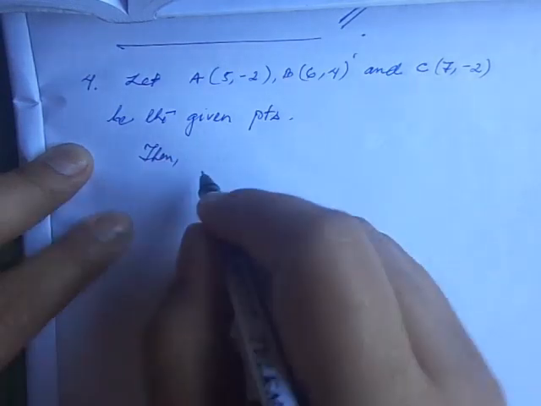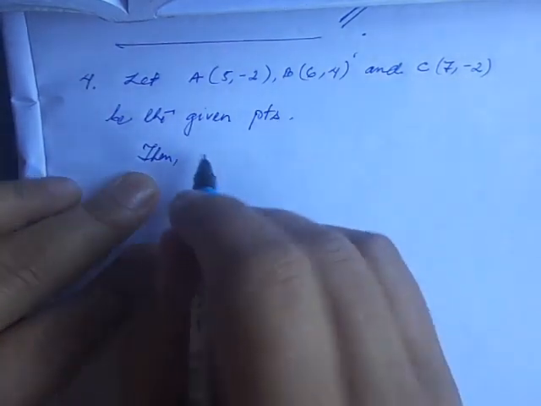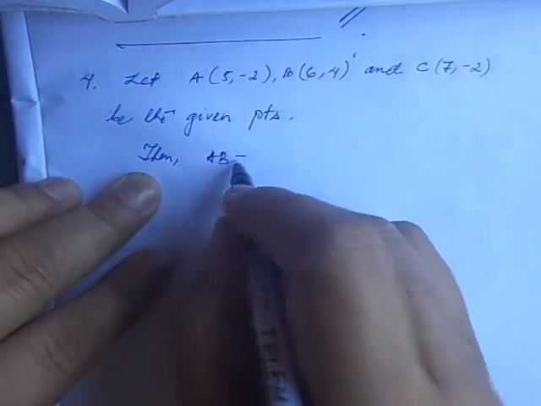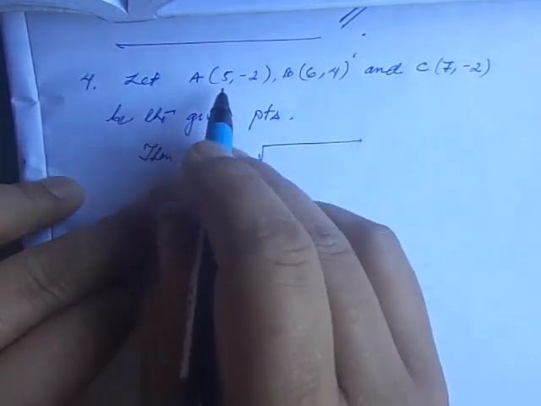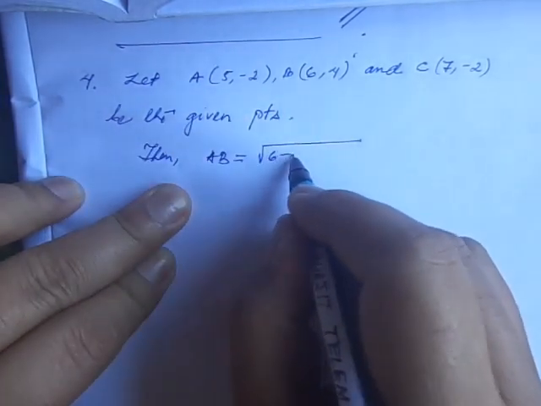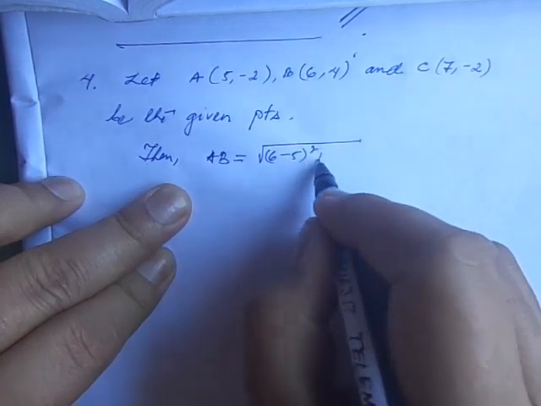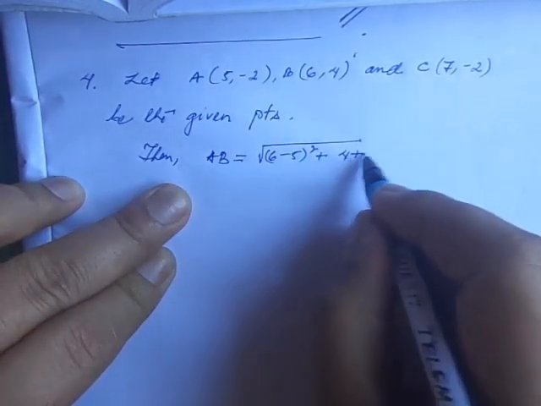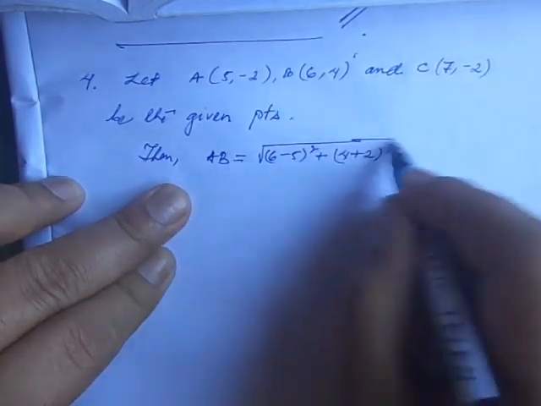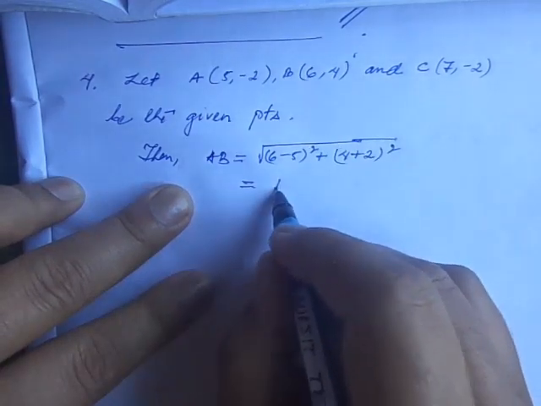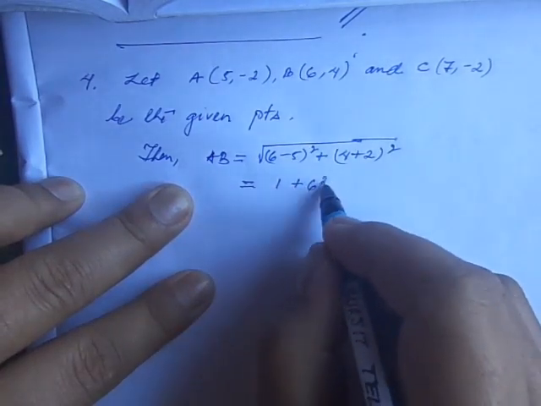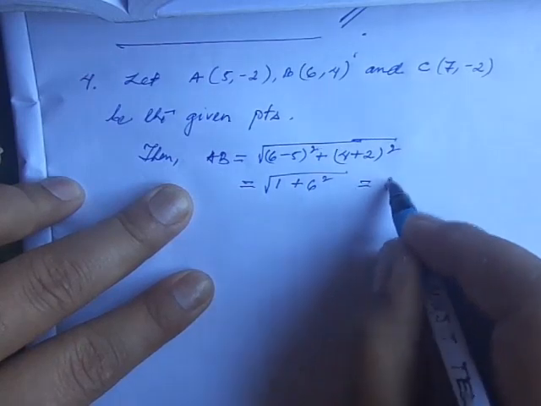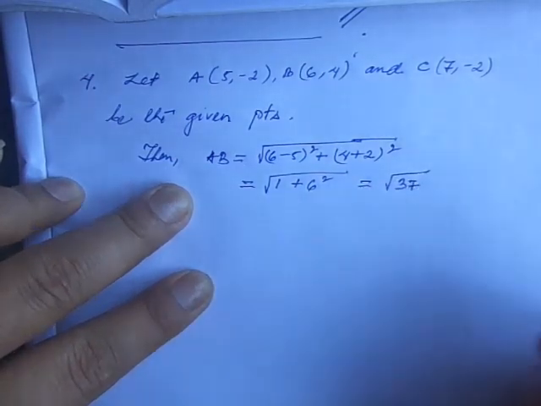Then by using the distance formula, we can find AB. AB equals the square root of 6 minus 5 whole square, plus 4 plus 2 whole square. So we get 1 plus 6 square. 6 square is 36. We get root 37.